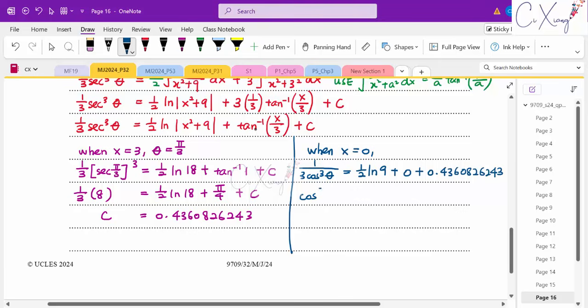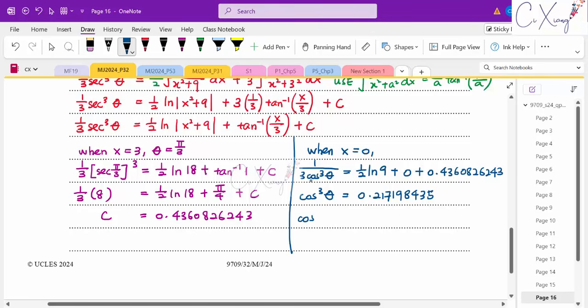Then what do I have for cos power 3 theta? I take all this whole value back, go down to the denominator. If I simplify it, I will be having 0.217198435.